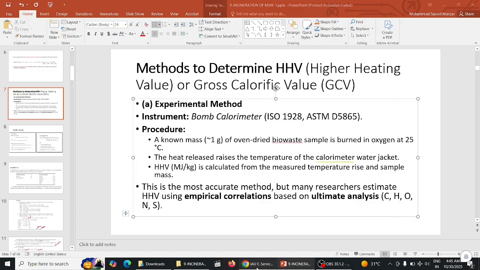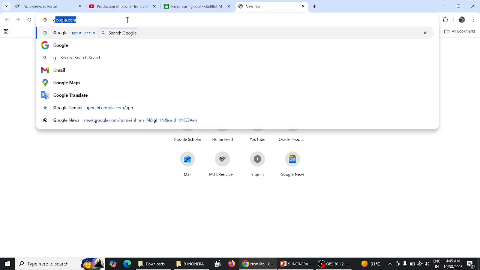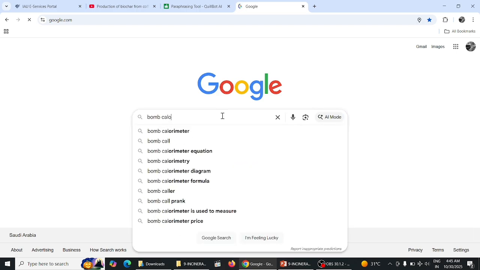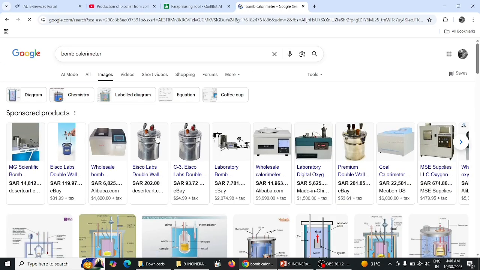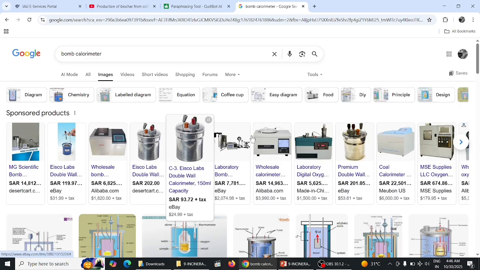Okay, so it actually looks like this. So this is my jacket calorimeter, a double wall jacket.